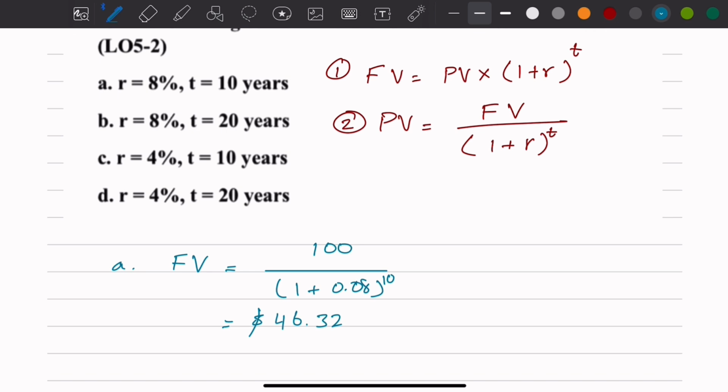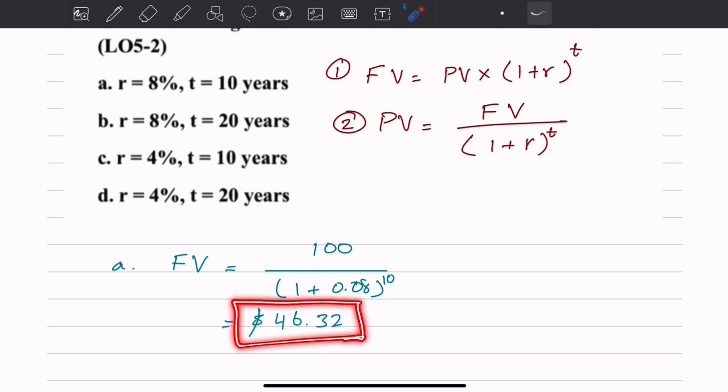Okay, now as always, I always like to make sure that my students understand what they are doing. So what does this mean? It means that for a future cash flow of $100 discounted at a rate of 8% over a 10-year period, the present value of that amount is 46.32. How is that helpful to us? It's helpful in decision making. So, for example, even though the numbers are relatively small, let's say for the sake of argument, a company can invest in something that will generate $100 after 10 years.